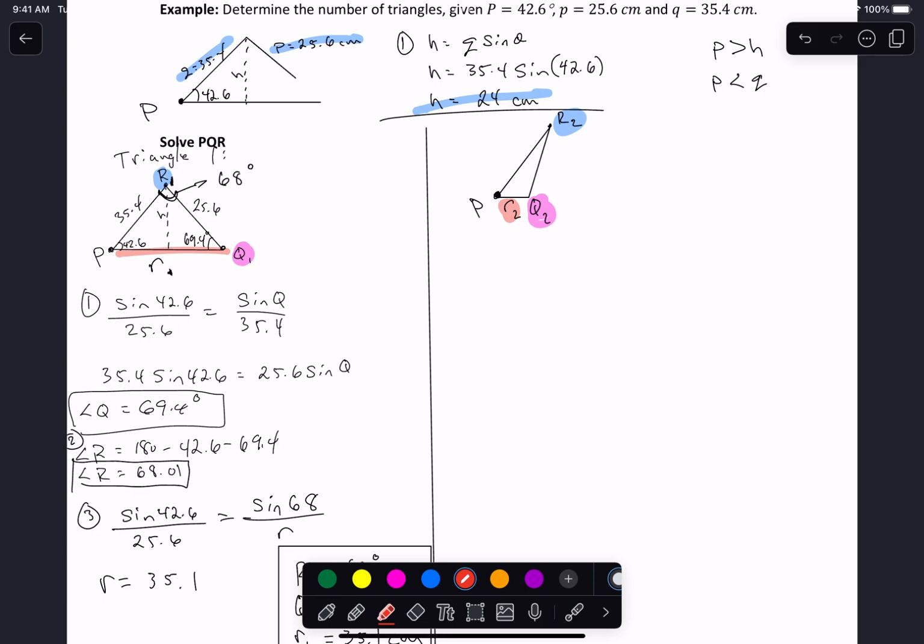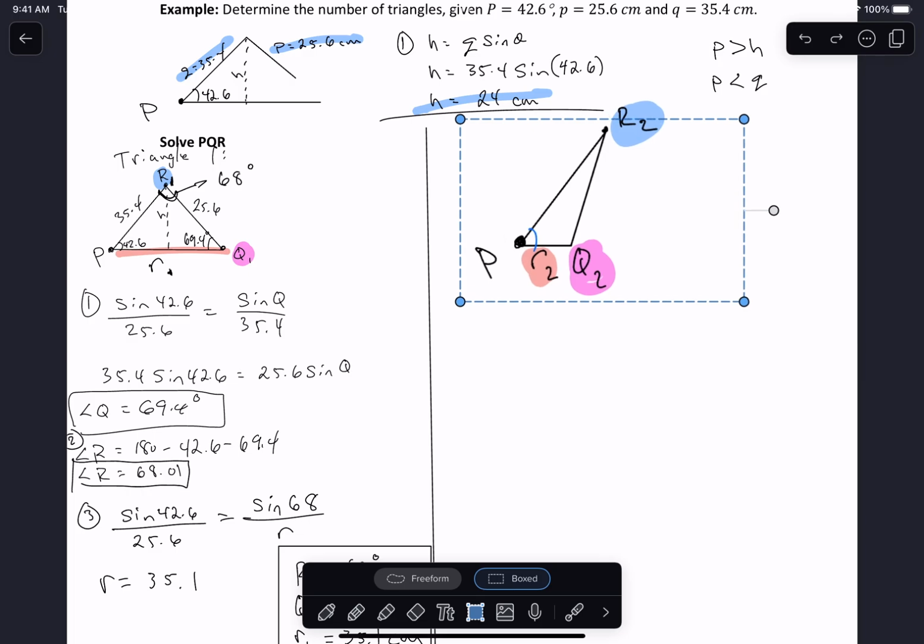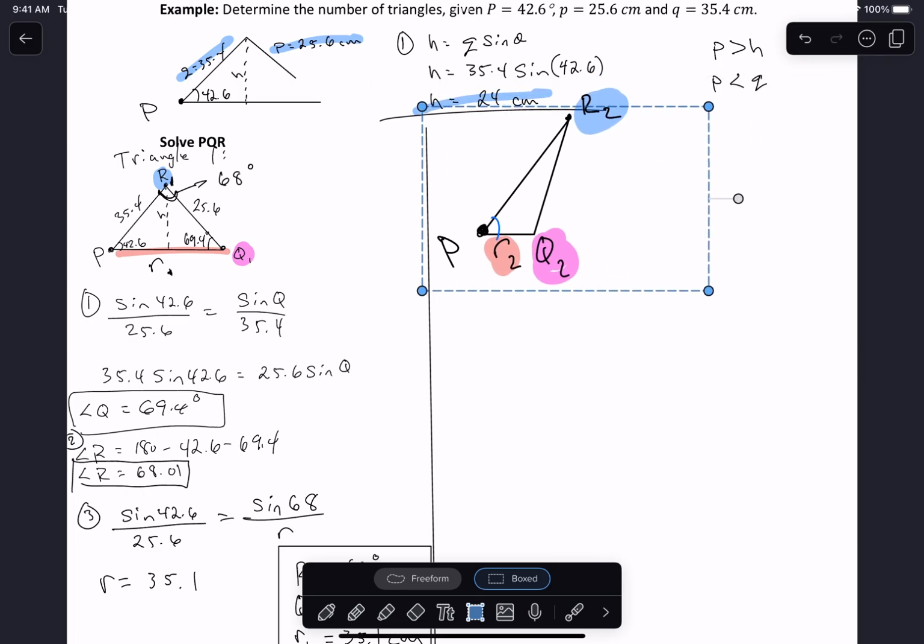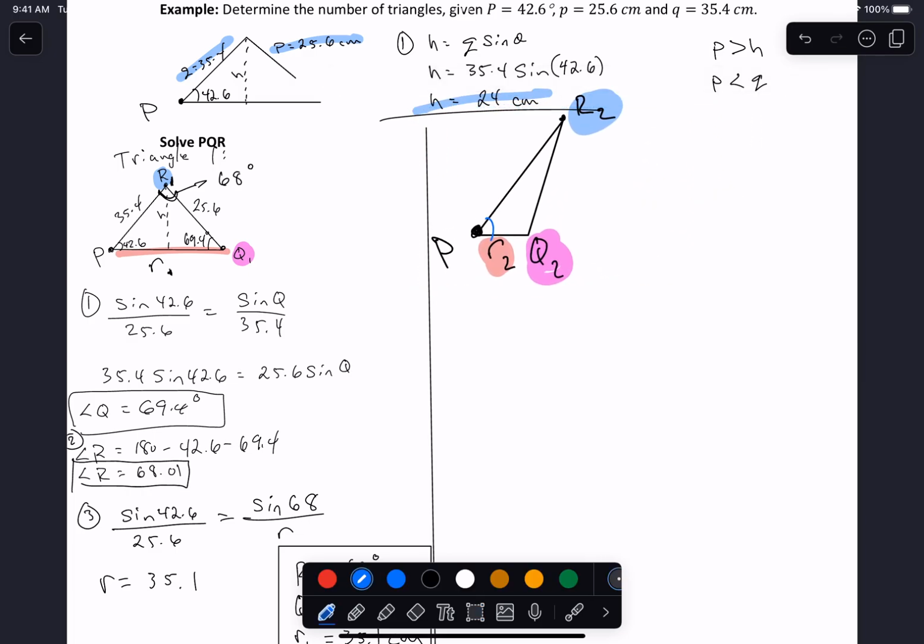So angle P again, same angle P from before, that's 42.6. Okay, so angle P is going to be 42.6 again. Q's changed. This side length's the same. So I suppose three pieces of information aren't going to change, and three of them are.